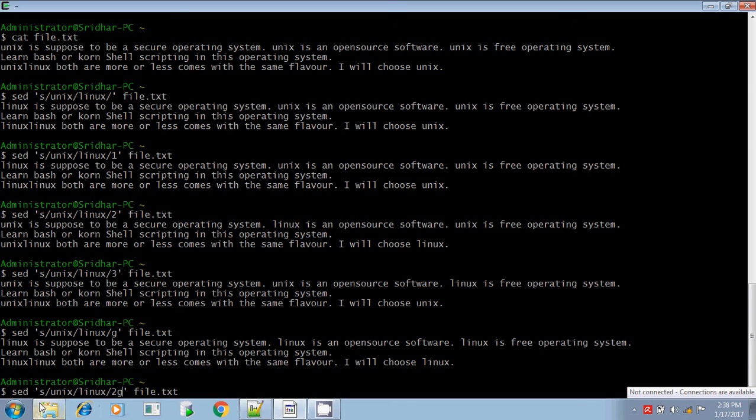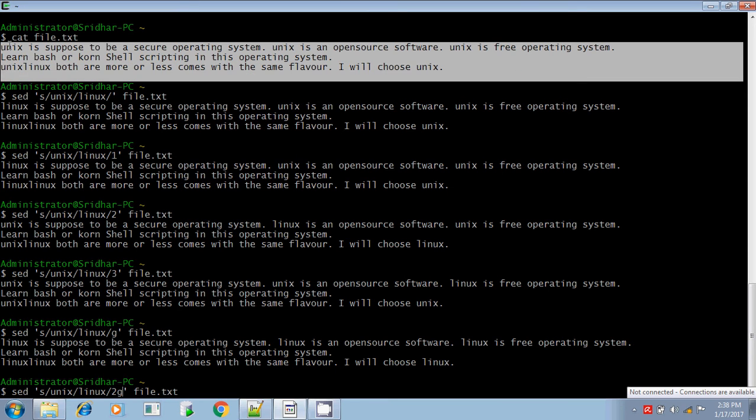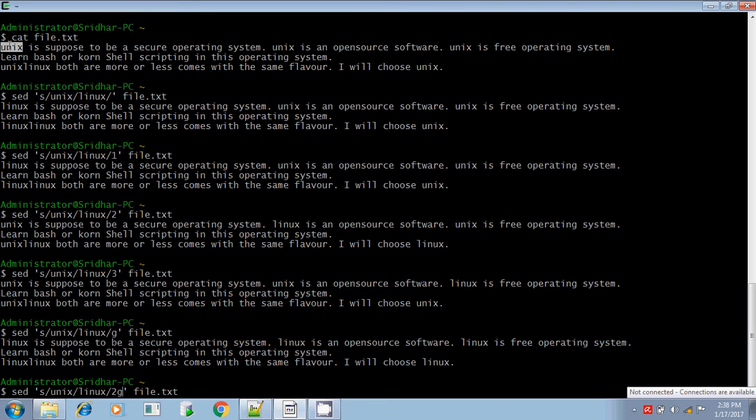So here if you put 2G, this is the main file, the first one will not be replaced. From the second instance onwards, the second instance is this one, this will be replaced, and 2G means this one will also be replaced. Second, there is no pattern, and in the third line the first matching instance will not be replaced. From the second onwards, this one will be replaced.